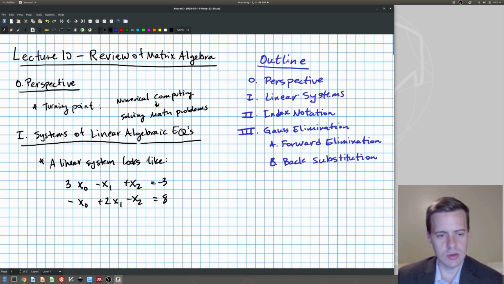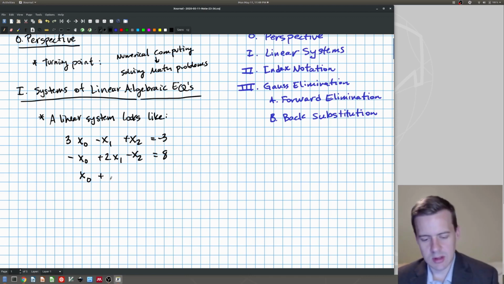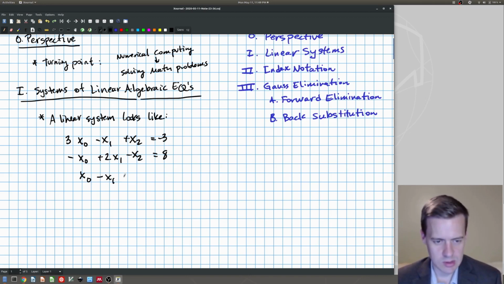Let me scroll a little bit down here so I don't have to hurt my hand so much writing at the bottom of my tablet. And then x0 minus x1 minus x2 is equal to 1. All right, so this is an example of a system of linear equations.